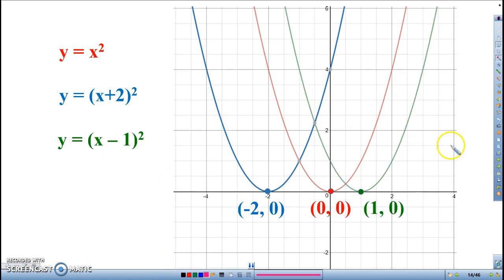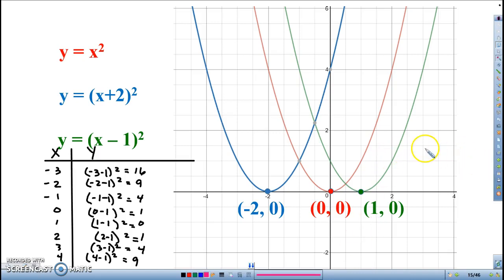Take a look at this one. Look at the equation. Look at your vertex, or specifically the x value of your vertex. All right. Graphable region. This right here is your vertex. How do I find that x value of 1 real fast?